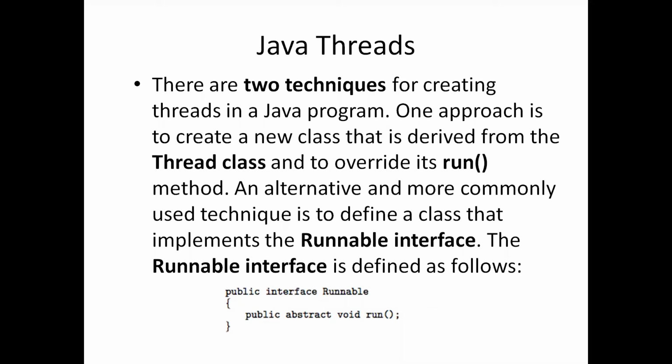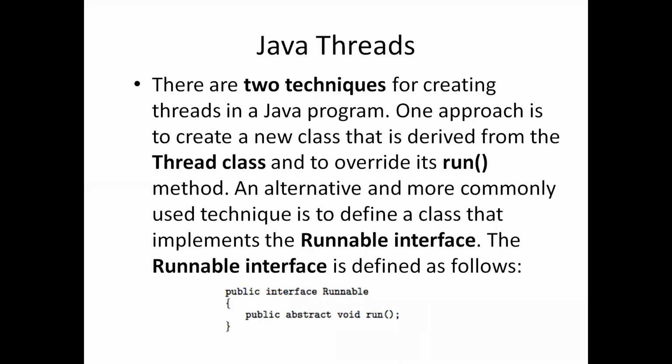By using the implements keyword, we access the Runnable interface in Java. Implements is nothing but a keyword. By using the Runnable interface we can create threads, not only that, we can create threads by deriving a class from the Thread class, where we override its run method.